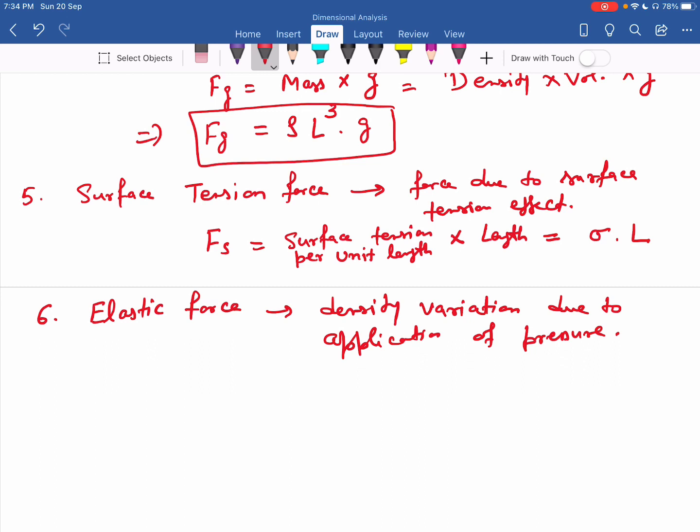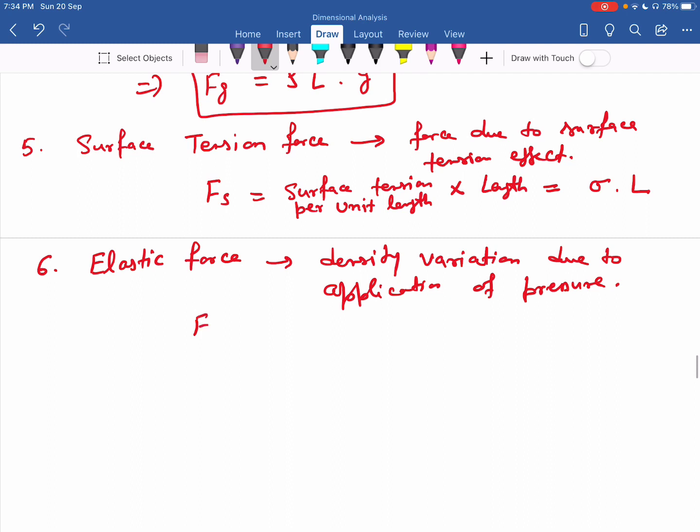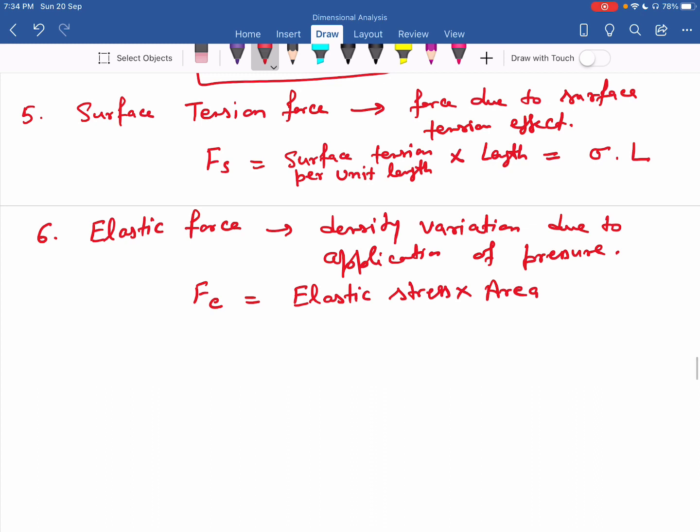This is one type of elastic compression. This force is represented by Fe, and this is equal to elastic stress multiplied by the area. Elastic stress I write as K multiplied by area L square. This is Fe.